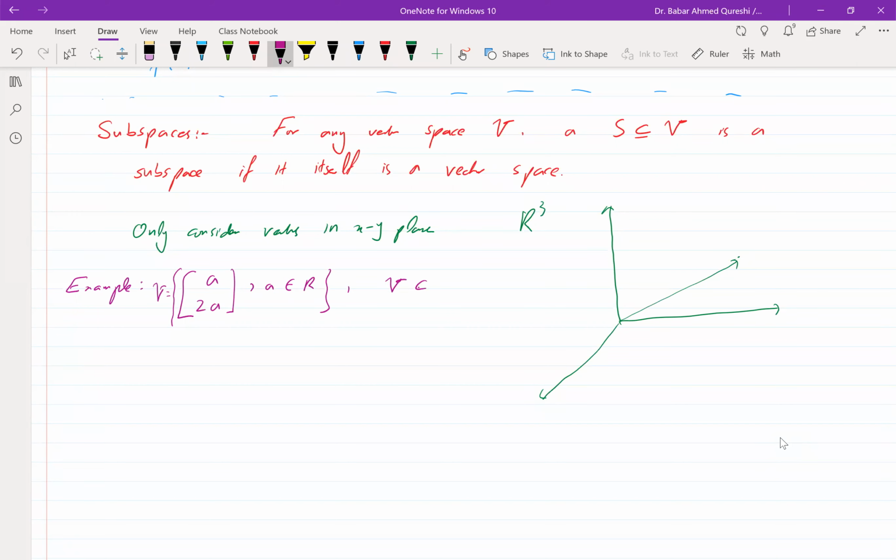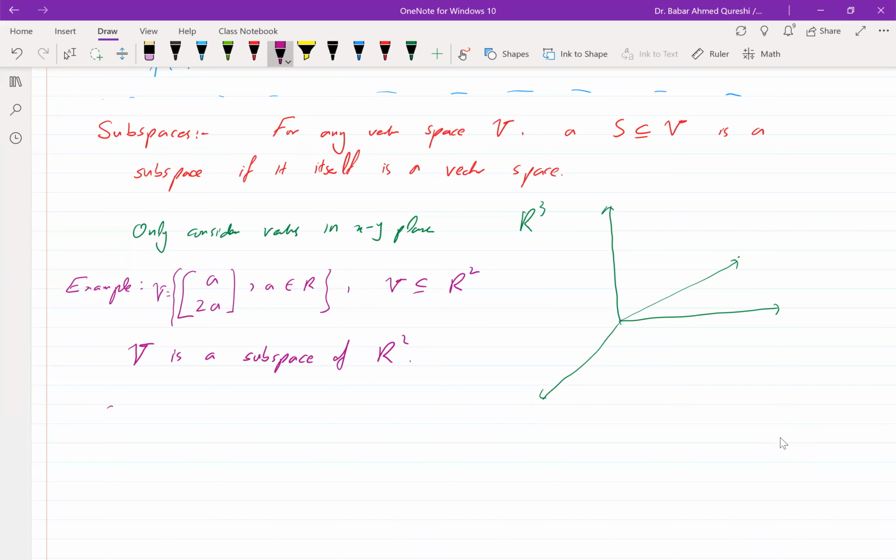This is a subset of R2, obviously, because it's a column vector with two components. So every element of V is an element of R2, but it doesn't cover all of the R2. So it's a subset. And we saw that it's a vector space. So V is a subspace of R2.